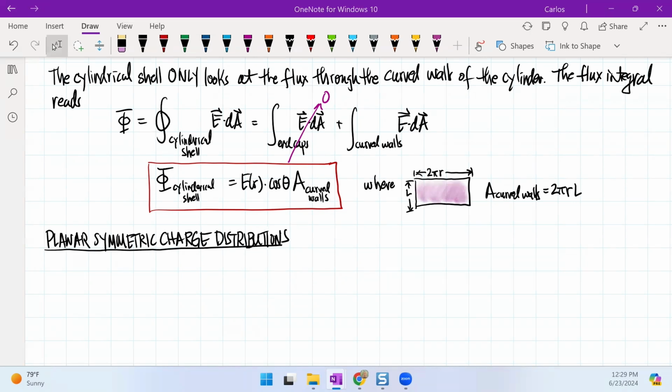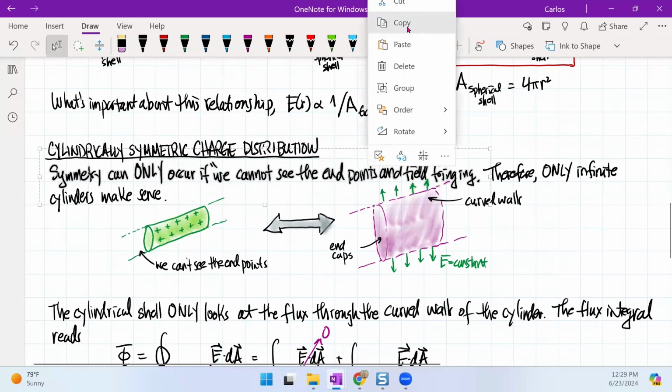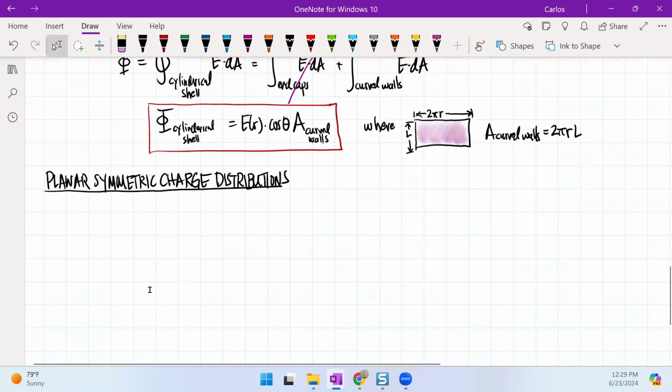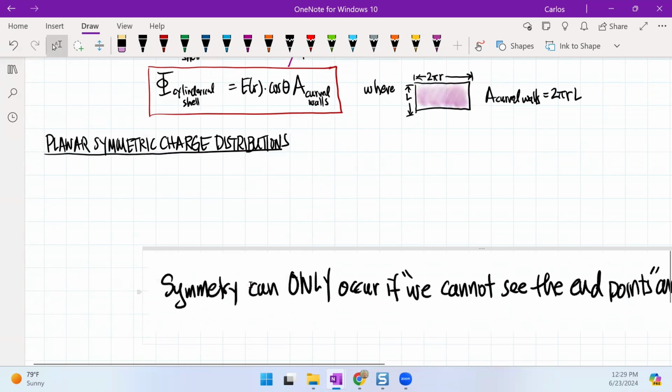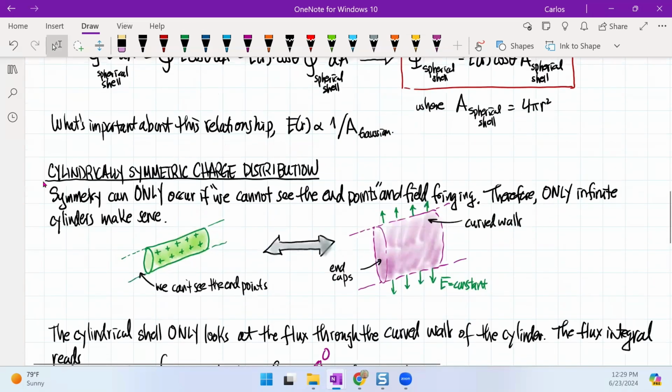Symmetry only makes sense if we can't see the endpoints. So it's the exact same statement. If I get close to the edges, then it's going to be a problem.